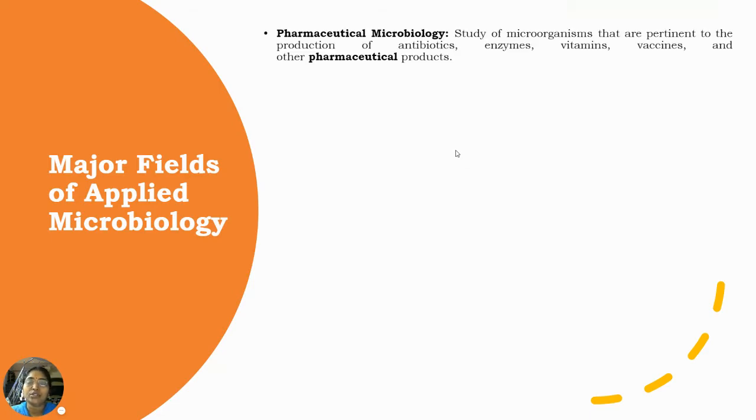These are about what is meant by pharmaceutical microbiology. We are applying microbiology to the pharmaceutical sciences, in which we are studying microorganisms that are pertinent to the production of antibiotics, enzymes, vitamins, vaccines, and other pharmaceutical products.